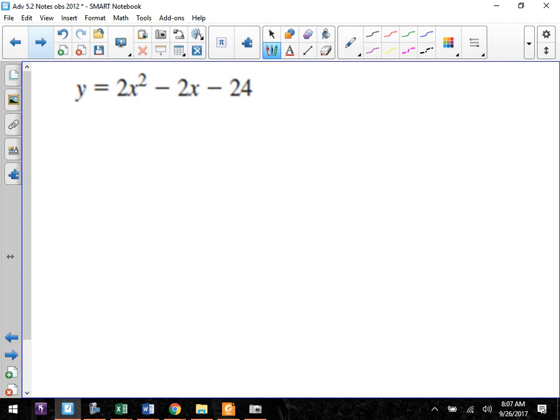In this case, there is a GCF. It's 2. So if you factor out the 2, you're left with that. What times what is negative 12? You have to get 1. Very good. Negative 4 and 3.